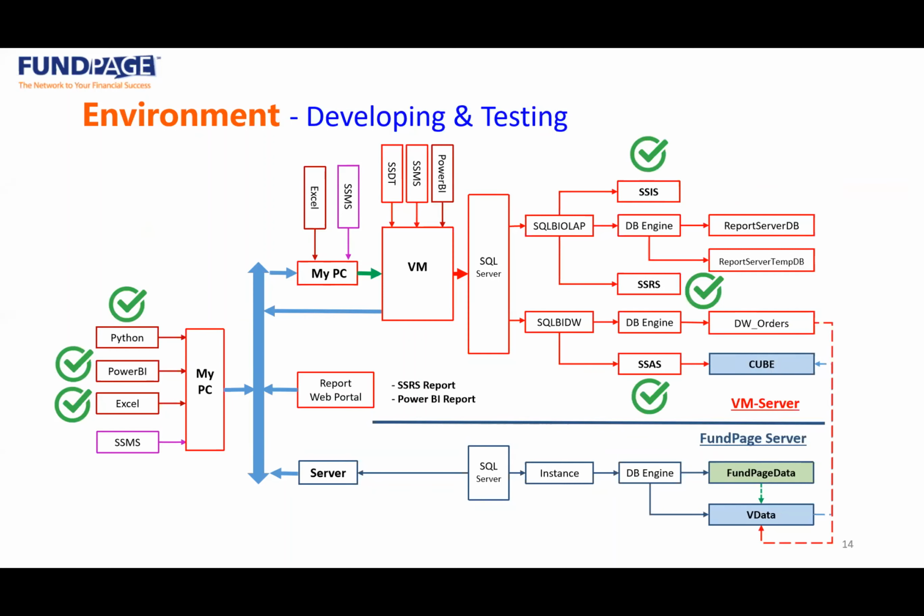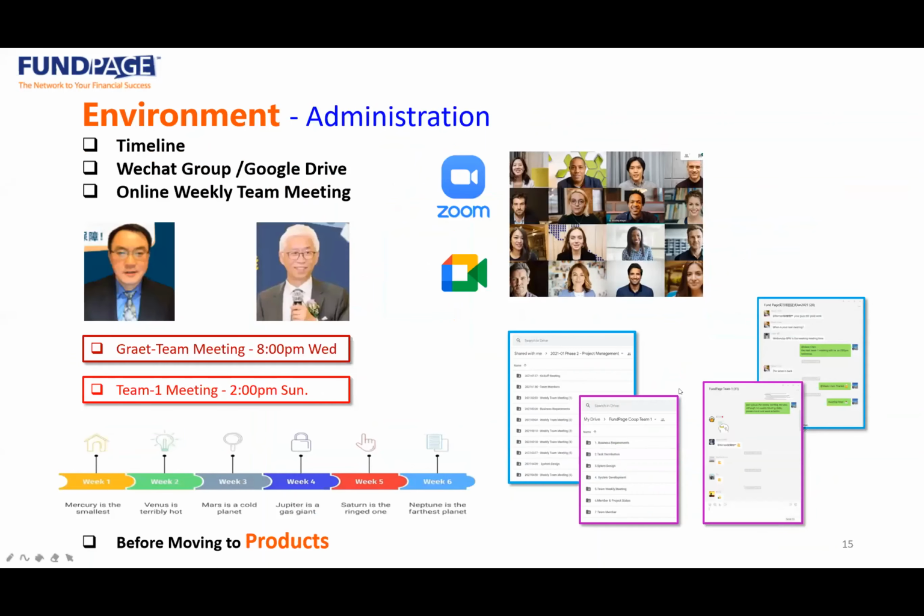The green signs indicate the units in our project: Excel, Power BI, Python, SSIS, SSRS, and SSAS. As for administration of this project, we have a strict timeline, a WeChat group, Google Drive, and an online weekly team meeting.